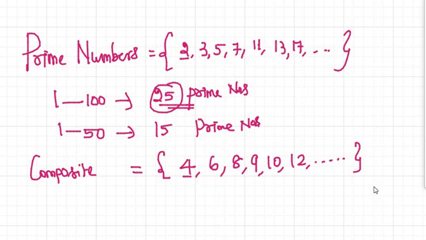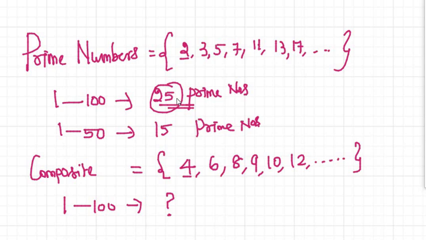There is no end. So now tell me, from 1 to 100, how many composite numbers are there? I said 1 to 100 has 25 prime numbers. Priyadarshan answered 74 and Satya Pravina answered 74.